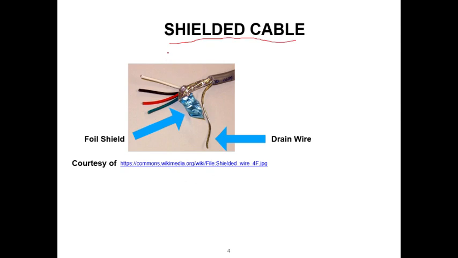Okay, shielded cable. Shielded cable is known by the acronym STP, shielded twisted pair. Again, twisted pair just means that inside the jacket itself, the wires are twisted, wrapped around one another to reduce interference.